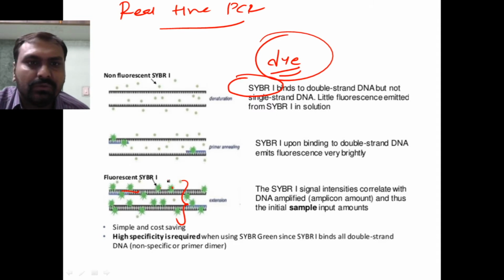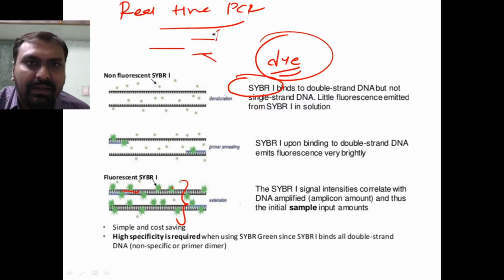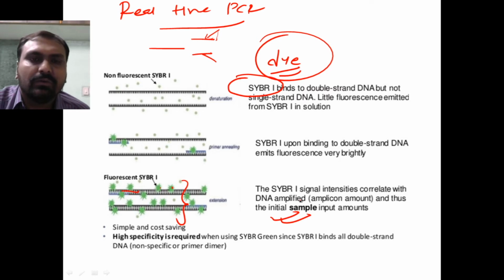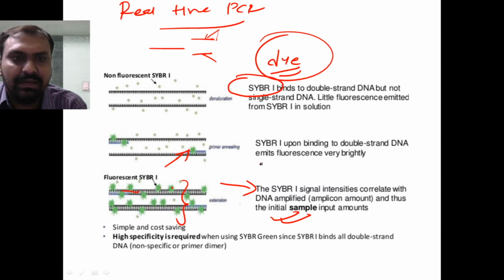Whenever from one DNA two DNA are made, this dye will bind with the double stranded DNA only. If we detect more and more SYBR Green dye, that is suggestive of DNA amplification. So this is one technique.